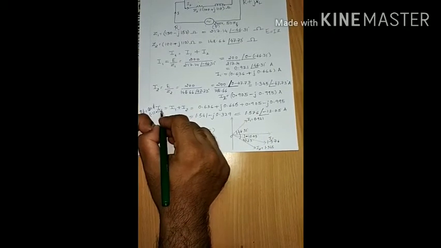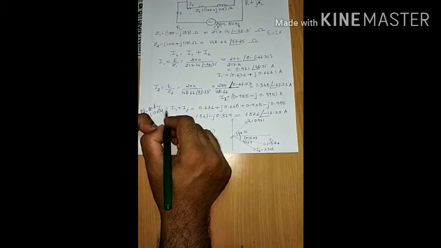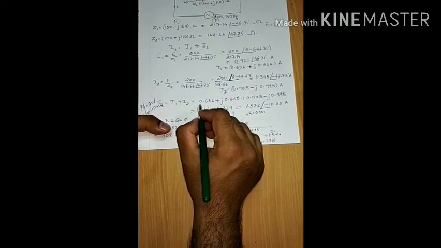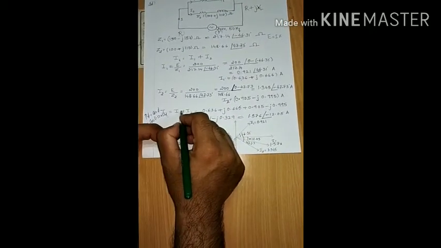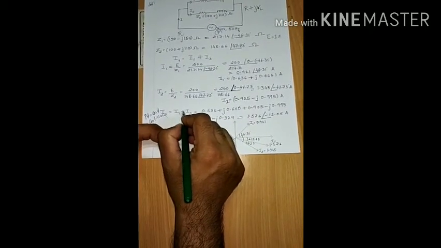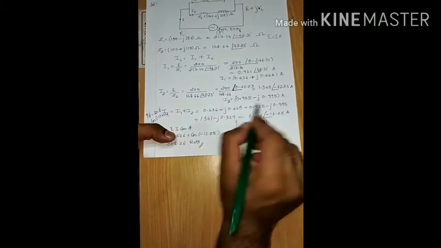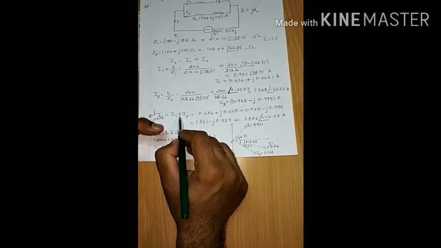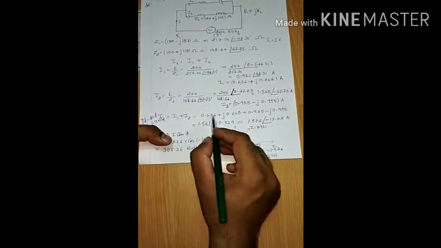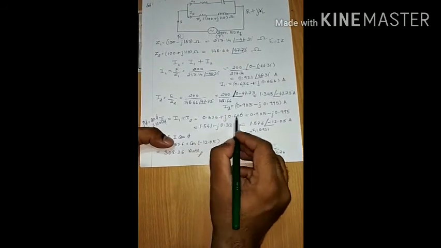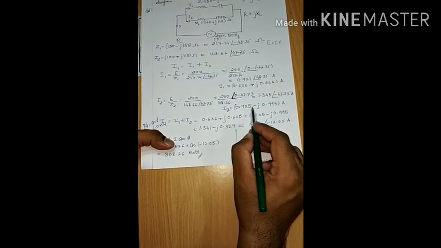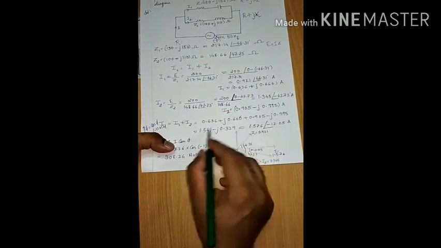Therefore total current IT is equal to I1 plus I2. Now write the value of I1. Since there is a plus symbol, we have to use the rectangular form only. We cannot take polar and add. As there is a plus sign, it indicates you have to use rectangular form. So I1 is 0.636066 and I2 is 0.905 minus J0.995.